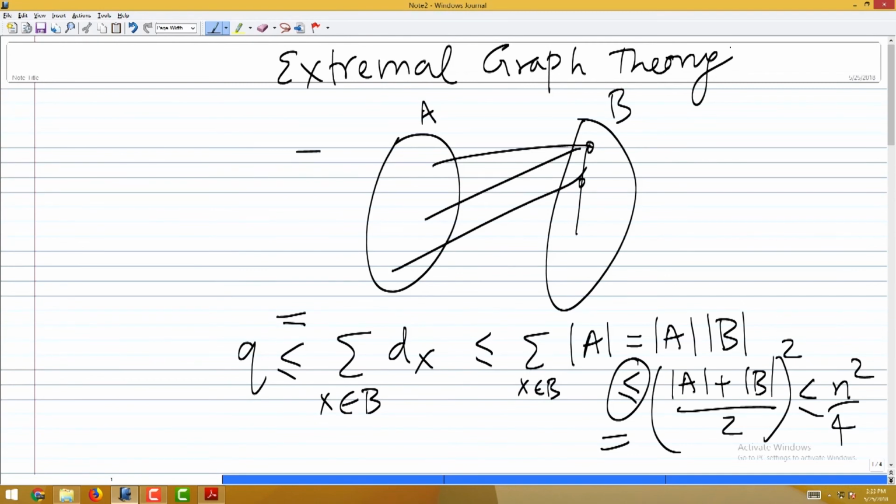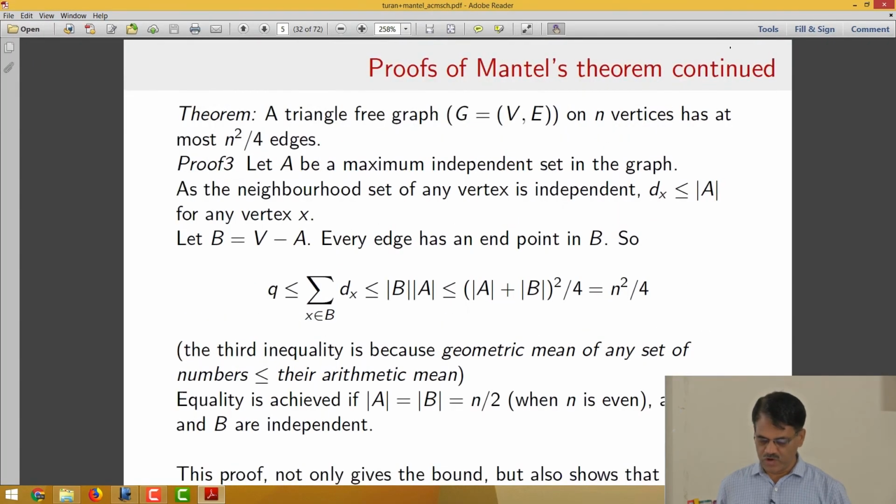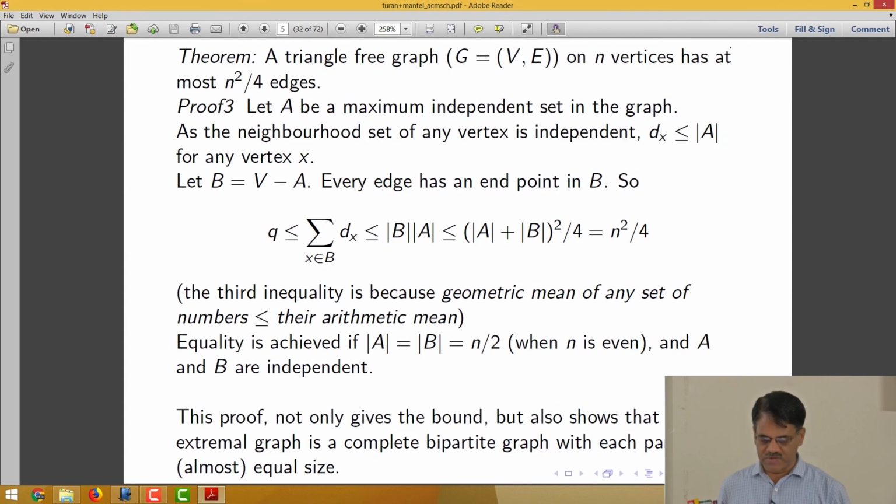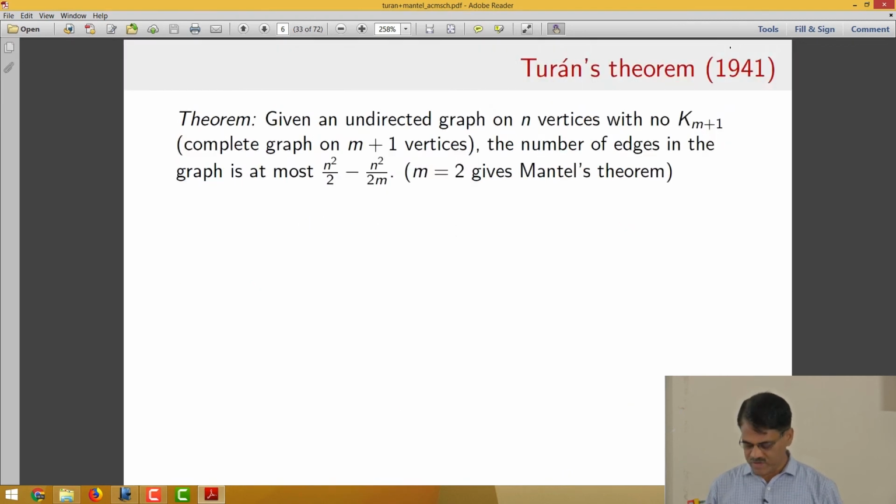And so this proof not only gives a bound, but also shows that the extremal graph is a complete bipartite graph with each part having almost equal size. Okay, almost, because n may not be even, right? So, you can't say n by 2, n by 2. So, just the difference of at most 1. Okay, good. That's the set of proofs for Mantel's theorem.